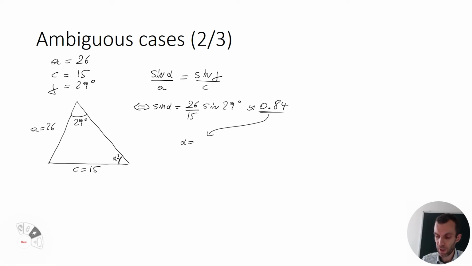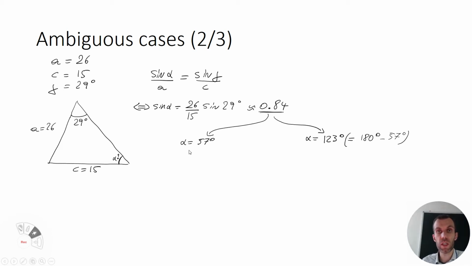So either alpha is 57 degrees, or alpha is equal to 123 degrees. So this actually is equal to 180 degrees minus the 57 from over there. So we have again two candidate solutions.